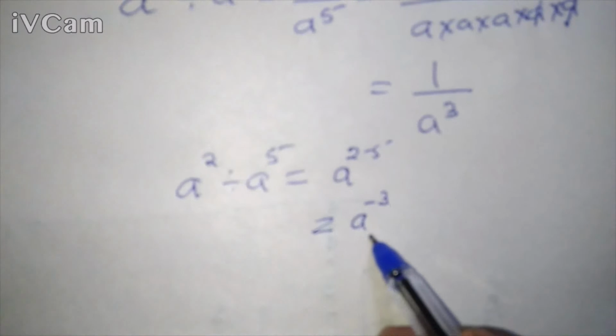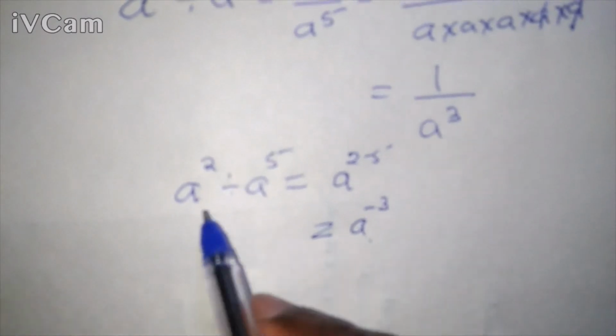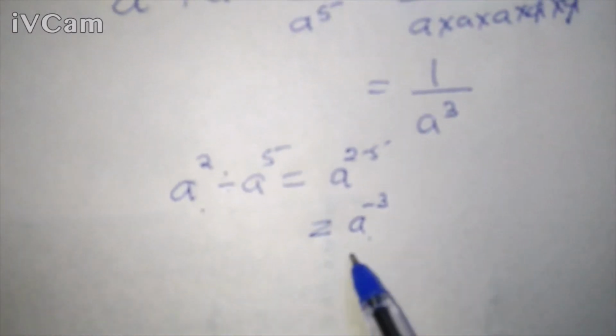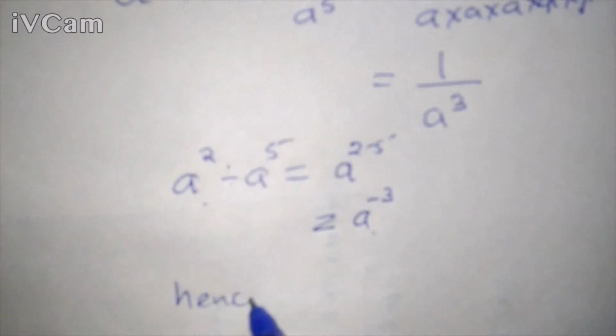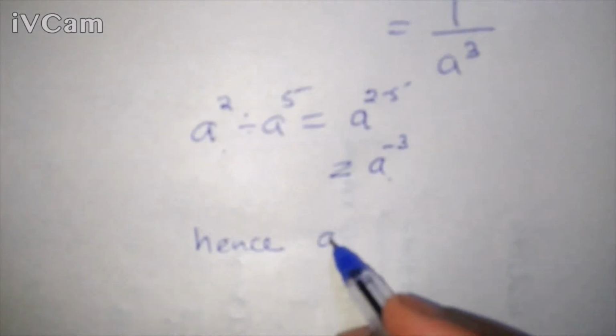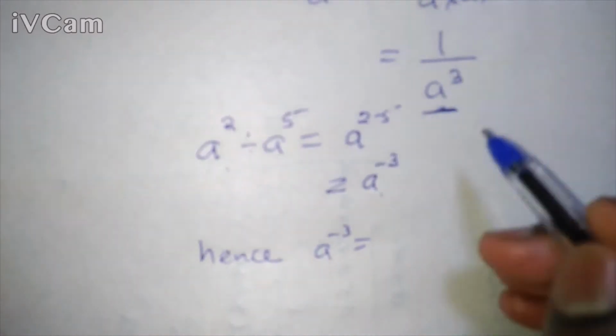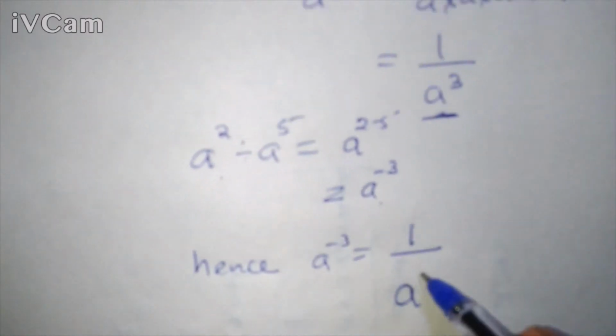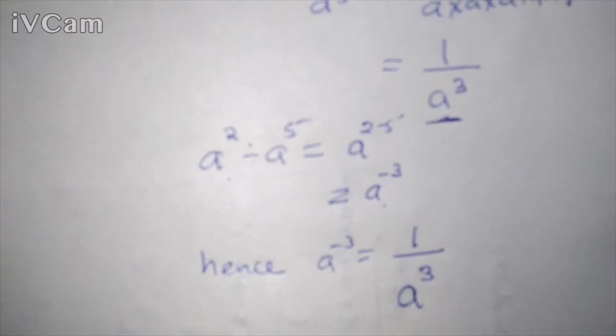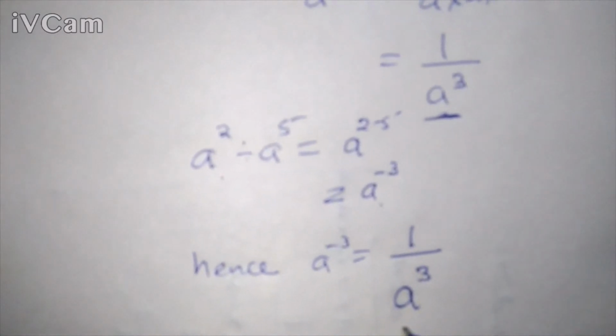You can see that this is what you get when you divide this by this. Hence, a^(negative 3) is equal to 1 over a^3. And that is the proof of this law.